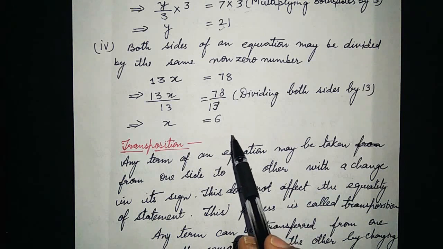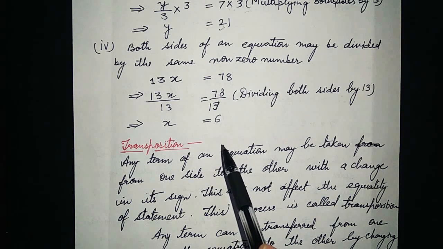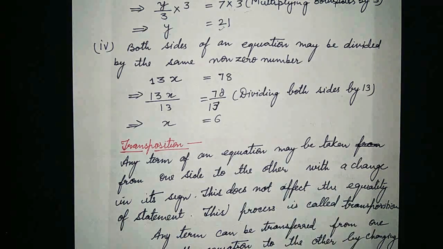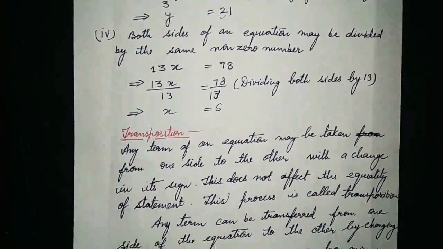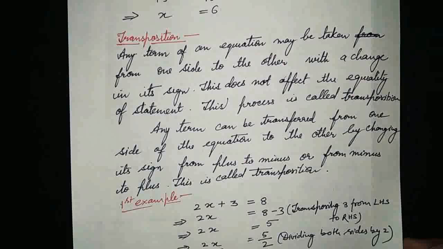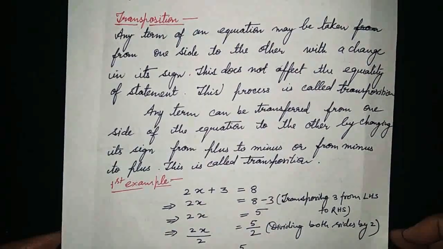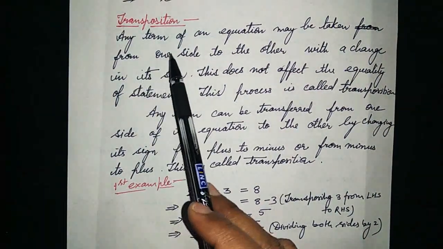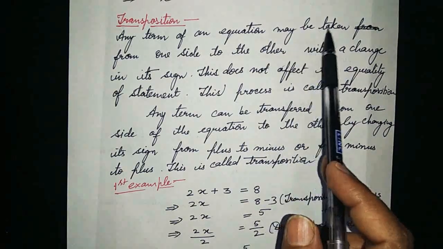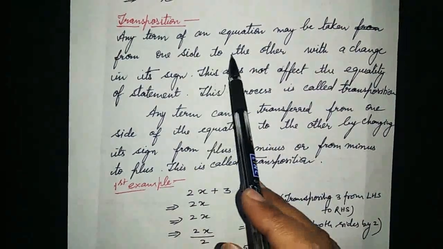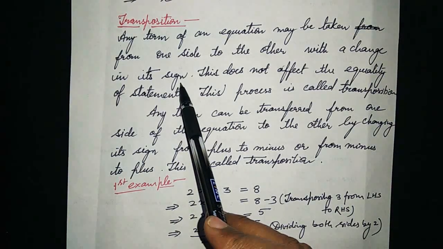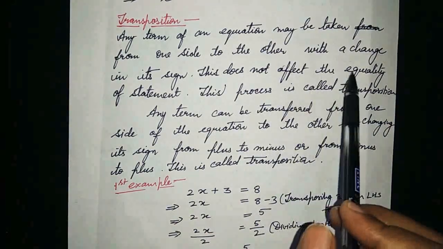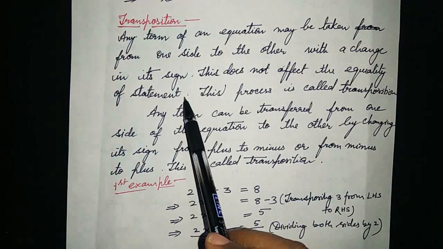Now one more way I will tell you about to solve an equation, that is transposition. Any term of an equation may be taken from one side to the other with a change in its sign. This does not affect the equality of a statement.